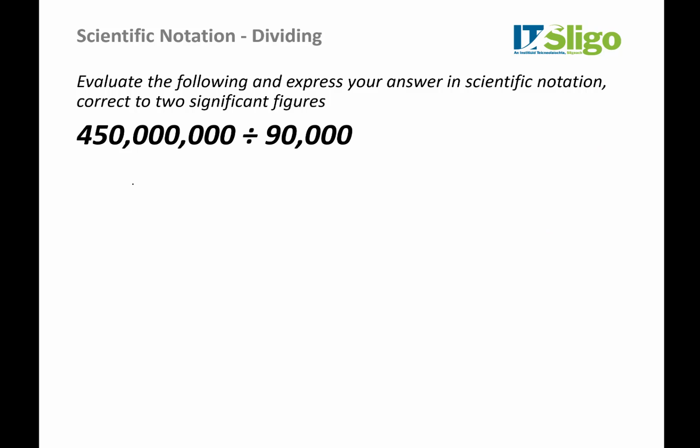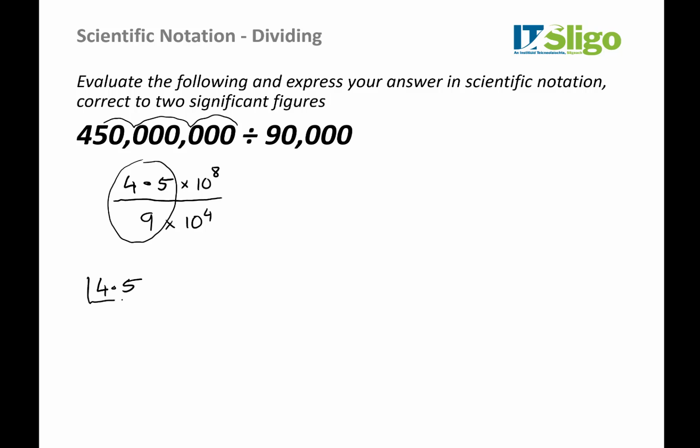So now, guys, I'm going to write these as a fraction. 4.5 is on the top by 10 to the power 1, 2, 3, 4, 5, 6, 7, 8. And this is to be divided by 9 by 10 to the power of 4. That's the value on the bottom. Now again, guys, just like with multiplying, numbers do what numbers do. 4.5 divided by 9.